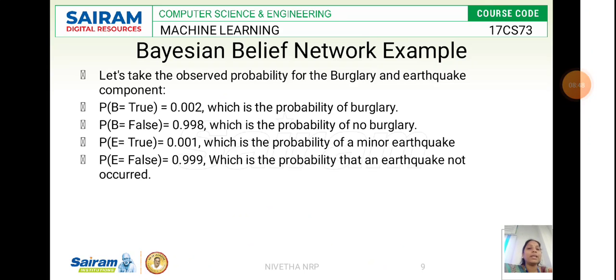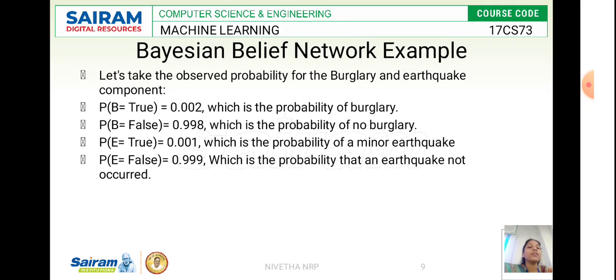When you apply Bayes theorem and find the joint distribution function, the probability of B, burglary, to be true is 0.002, and this is the probability of burglary. For the false condition, when there is no burglary, when B is false, it is 0.988.